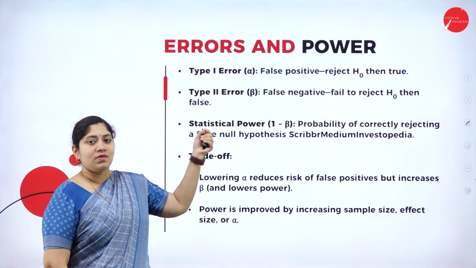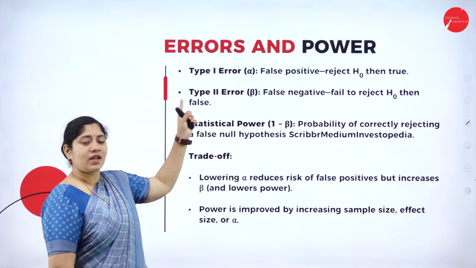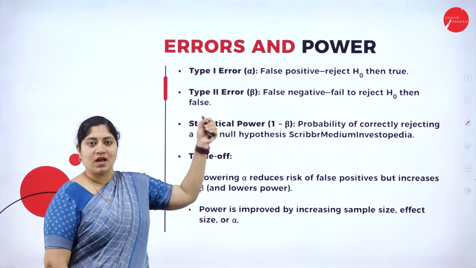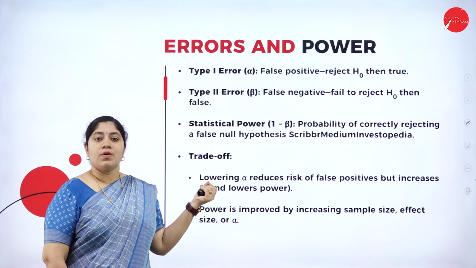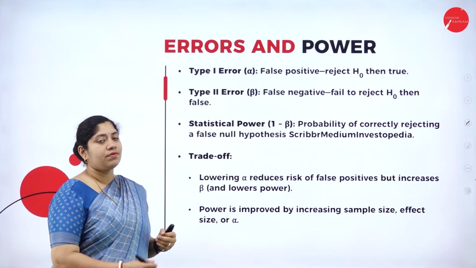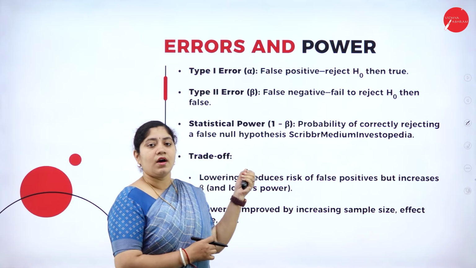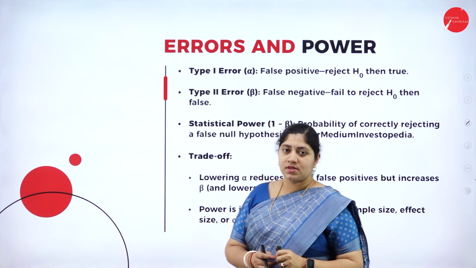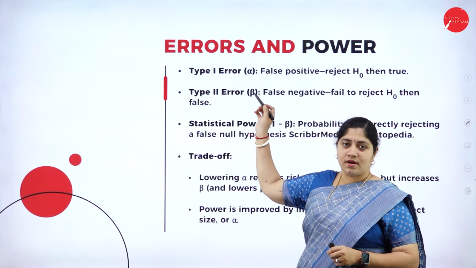Now let's see one by one what it is all about. The first one is a type 1 error, which is also called alpha. So these errors are directly dependent on our null hypothesis H0. So let's see how it is dependent. If we have a false positive, whenever we say we are rejecting our null hypothesis, at that time we go with our type 1 error.